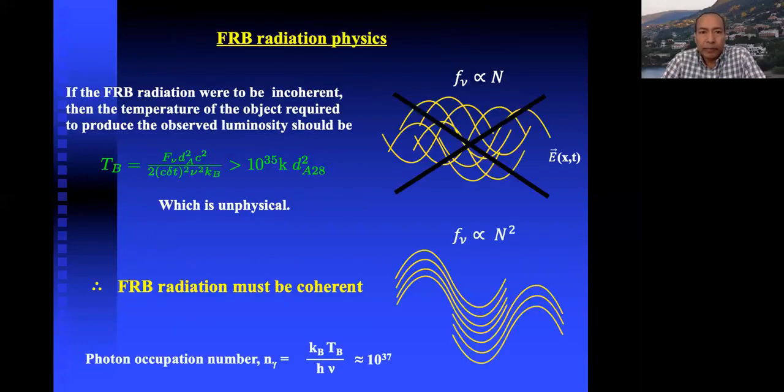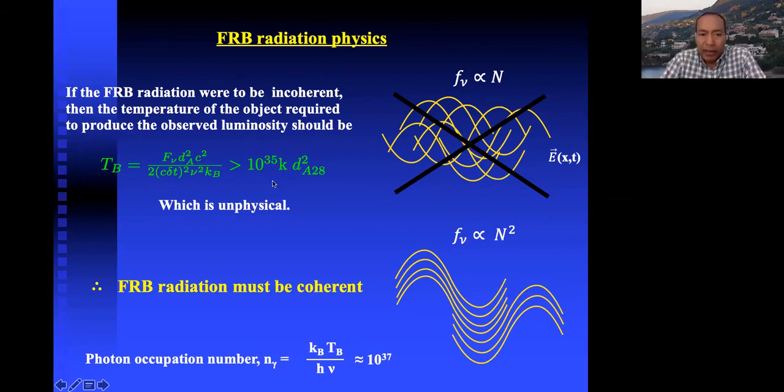Turning to the physics. If we were to assume that the FRB radiation is incoherent radiation, such as the radiation that we see from stars, quasars, and so on, then the temperature needed to produce the luminosity we see in the radio at gigahertz would be completely unphysical, 10 to the power 35 Kelvin.